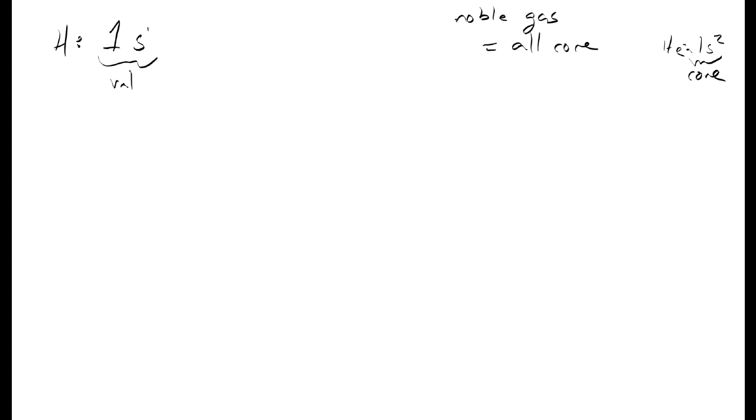They're all core. So now we get to lithium, 1s2, 2s1, core, valence. So lithium has 2 core electrons, 1 valence electron, singular. Next we get beryllium, 1s2, 2s2, core, valence.